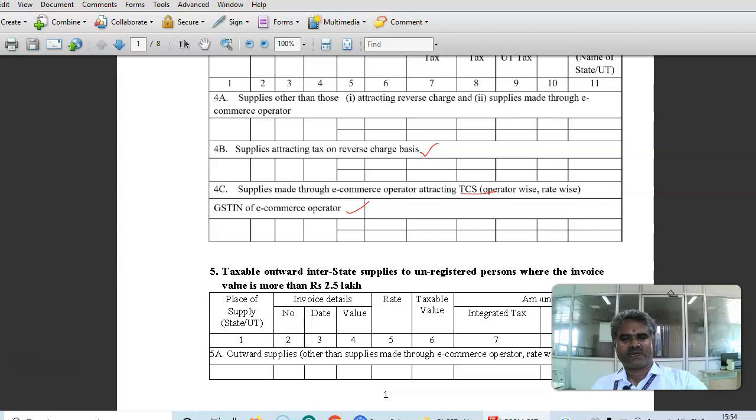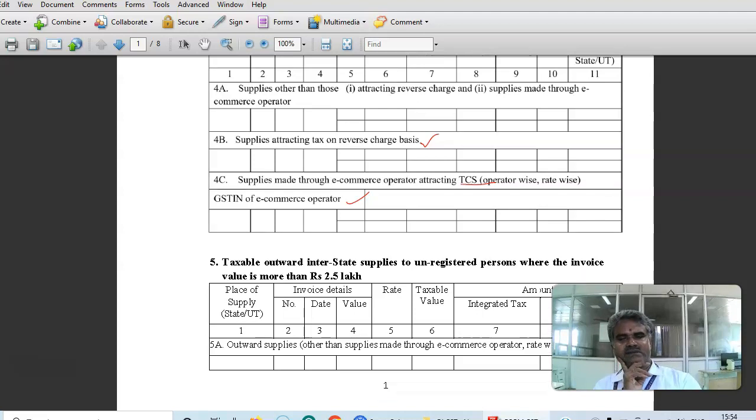You see what all the information they require, you have to give, because this is the standard format. If the content is applicable to you, you fill it, otherwise you leave it. Simply put nil, nil, nil, nil. That's all. But compulsorily you have to file this form. You have to file this form. That is very, very important.